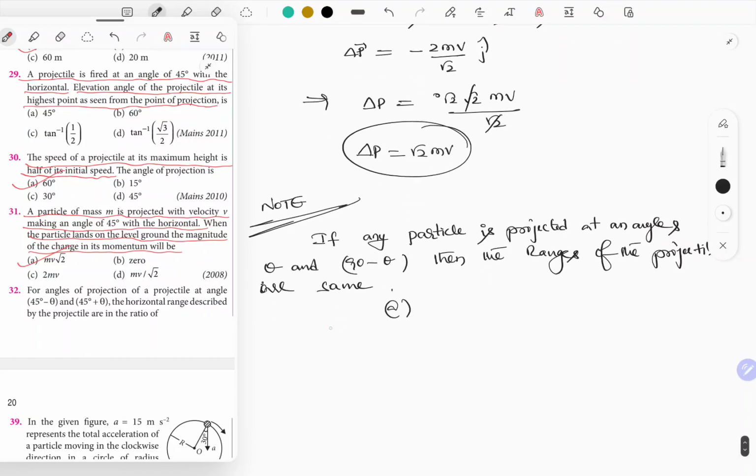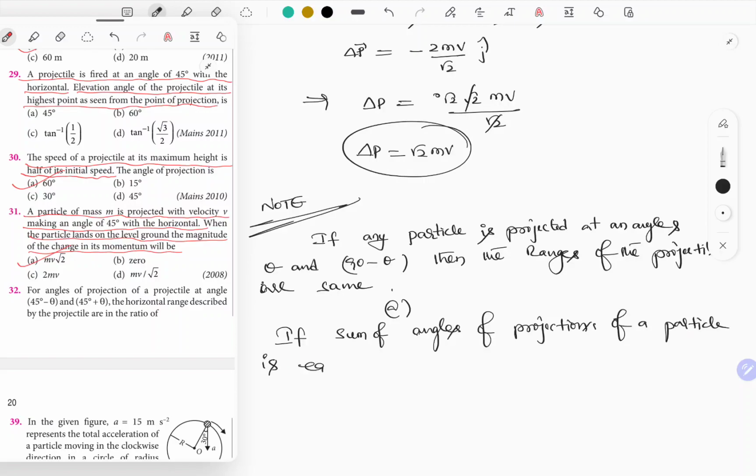Remember, if the sum of the angles of projection of a particle is equal to 90 degrees, then the ranges of the projectiles are the same.